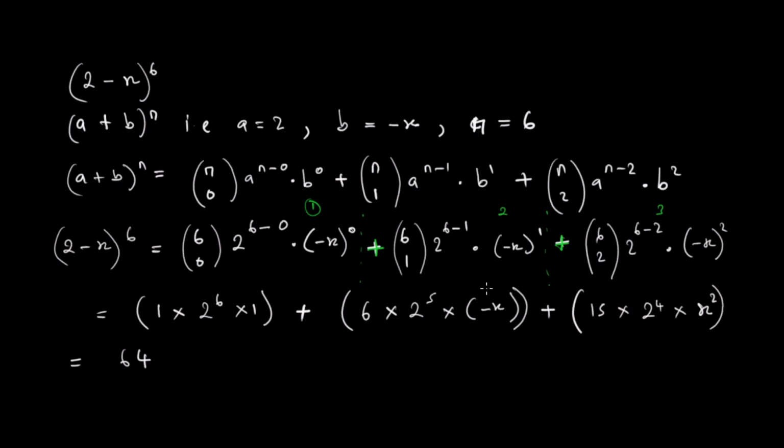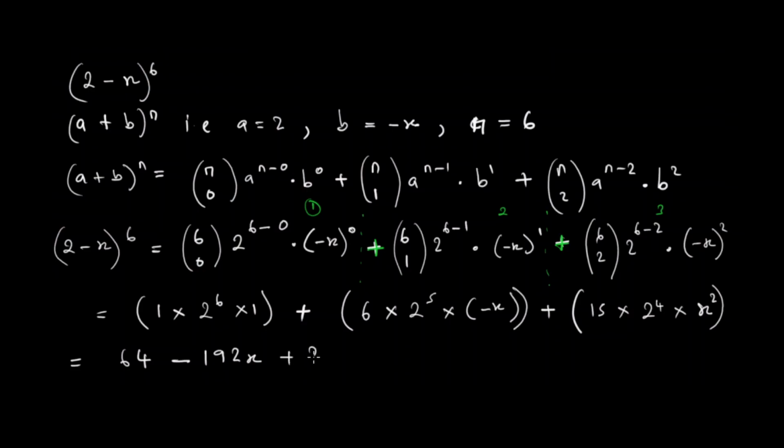And 2 to the power 5 is 32. 32 times 6 is 192. So this is minus 192x. Then here we say 2 to the 4 is 16, 16 times 15 gives us 240.